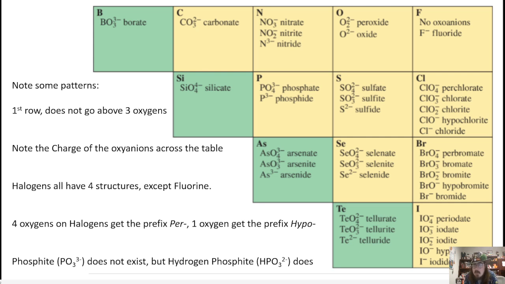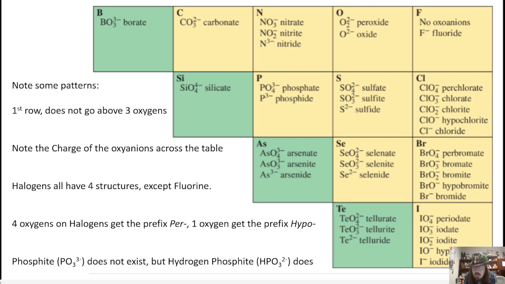And chlorine, we get perchlorate, ClO4, 1 minus, ClO3, 1 minus, chlorate, ClO2, 1 minus, chlorite, and ClO, 1 minus, hypochlorite. Moving down, arsenate, arsenite, kind of similar to phosphate and phosphite. Well, we don't see phosphite.